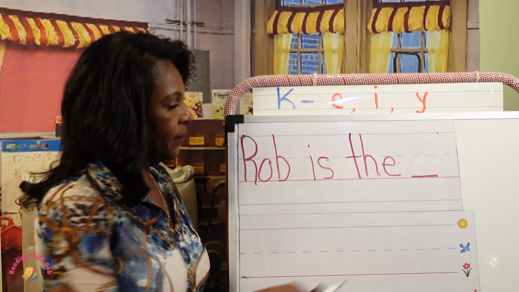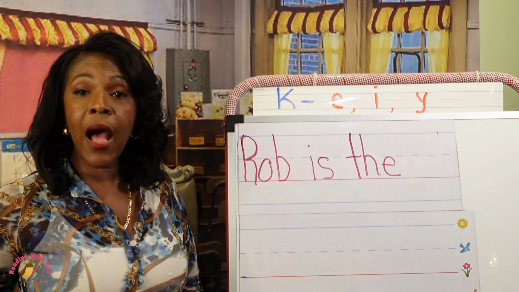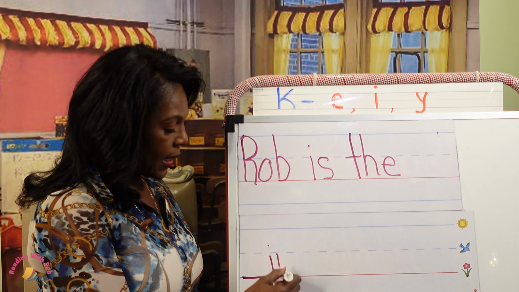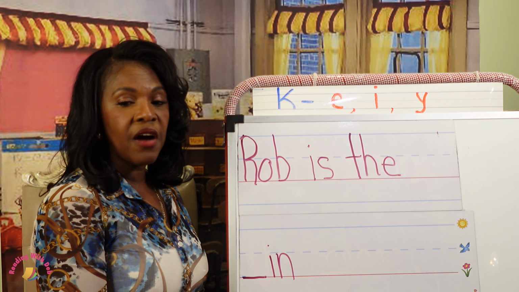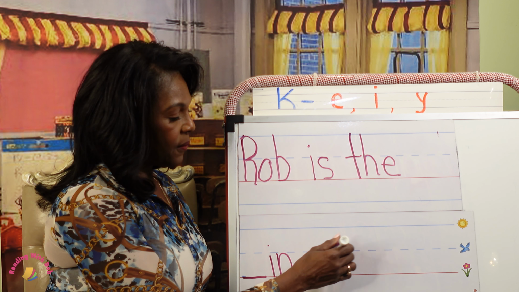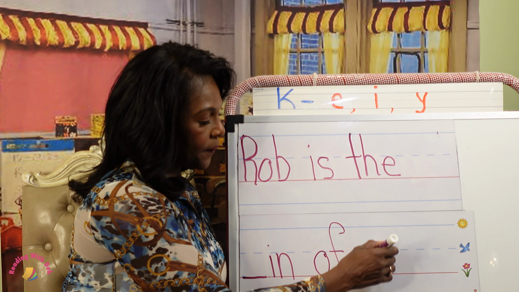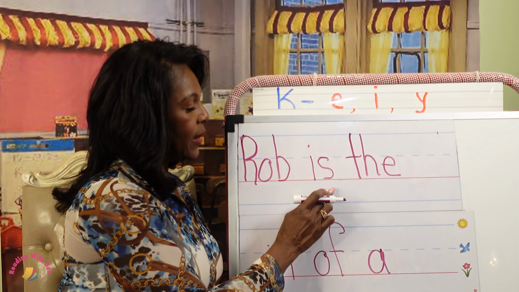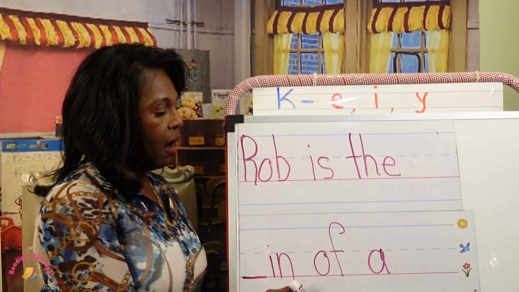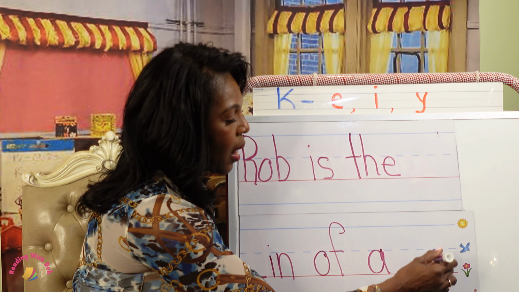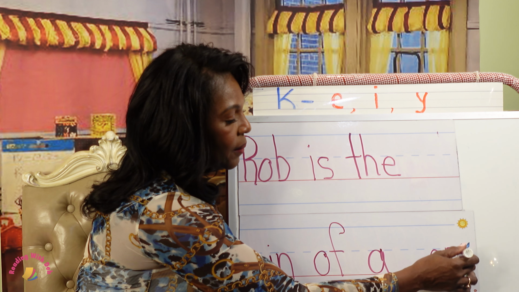Let me go to the second one. Rob is the kin of a cop. Period.